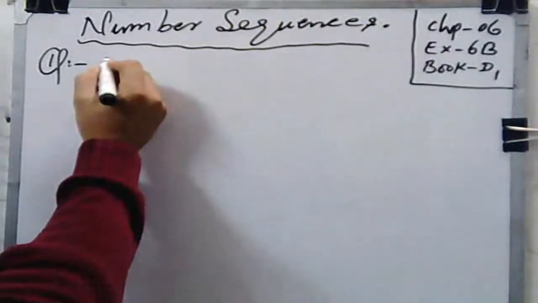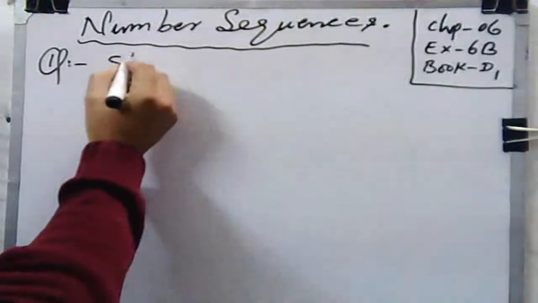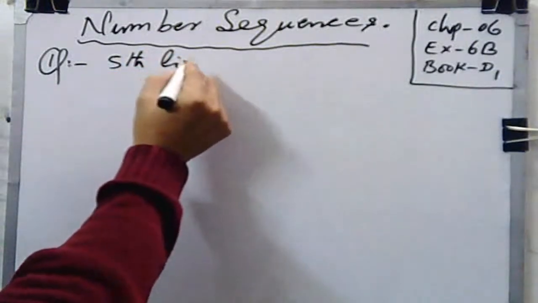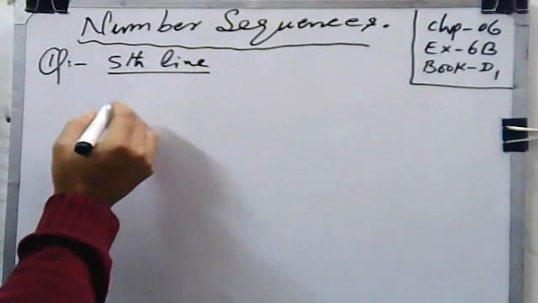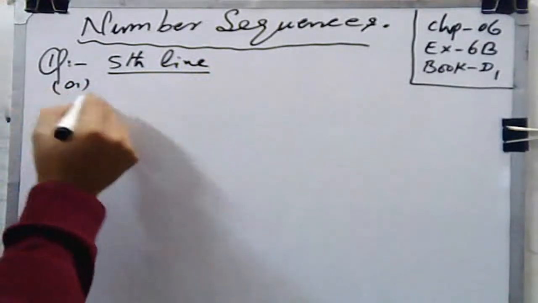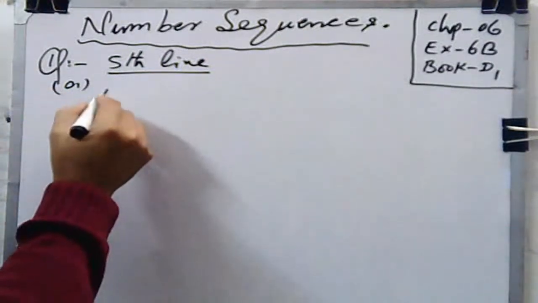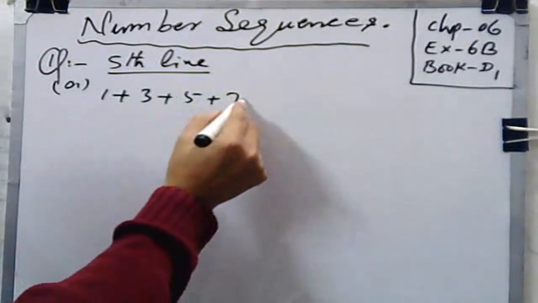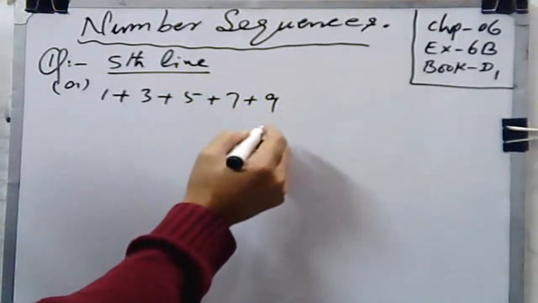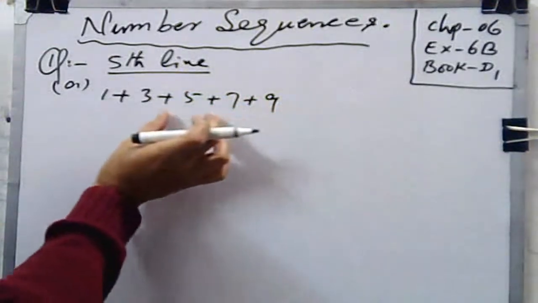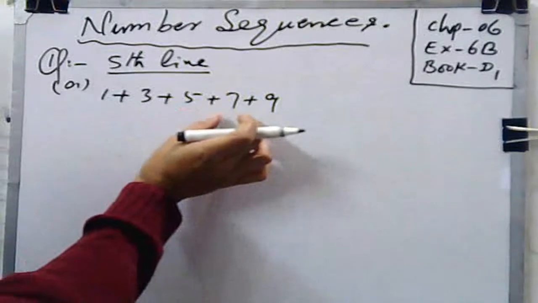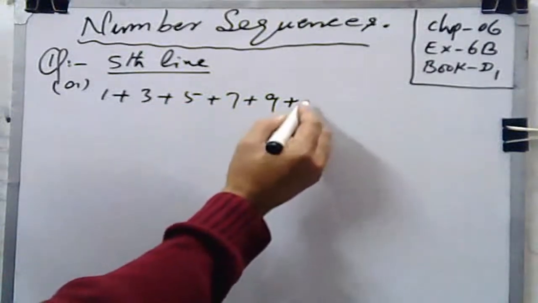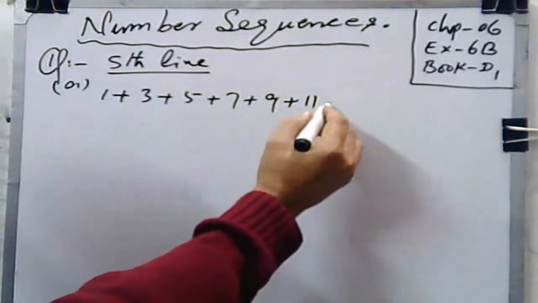So the fifth line, how can we write? That is your A part. So we can see that 1 plus 3 plus 5 plus 7 plus 9 is given to us, but you can see the difference between these two numbers is 2, so the next one automatically will be 11.